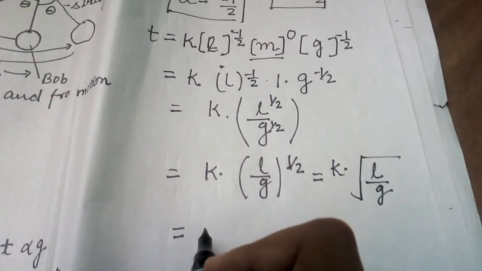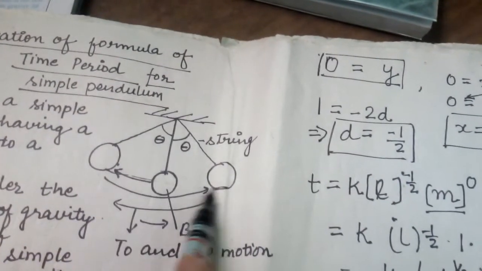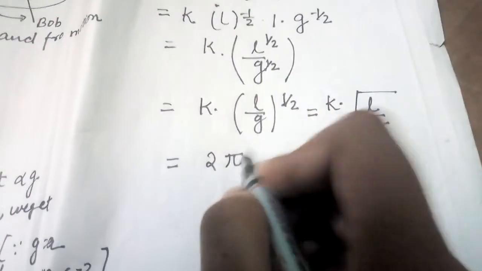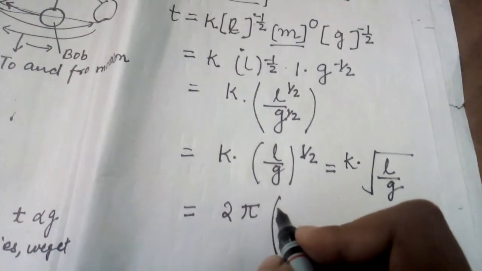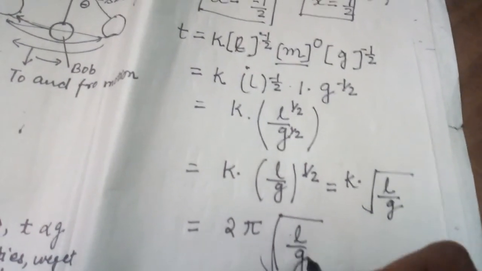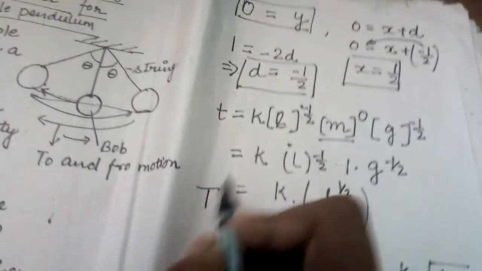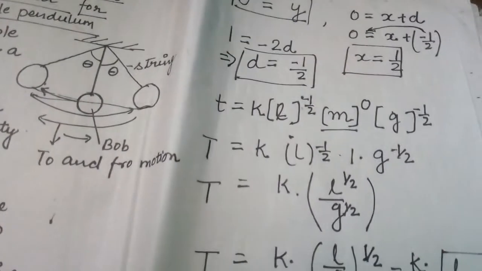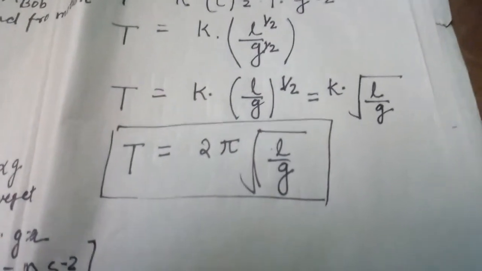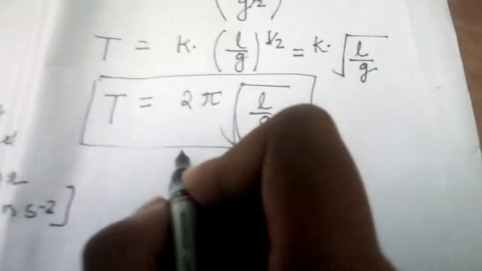Here I already told you about this constant, that is one oscillation covering 180 degrees, so we generally write it as 2 pi. So T equals 2 pi under root L by g. It's the formula for the time period. We use capital T, not small t, for the time period in the case of a simple pendulum. So, okay, hence derived.